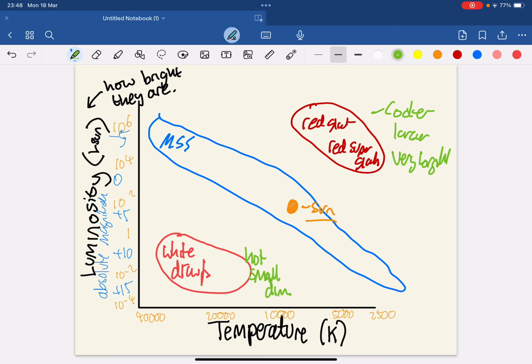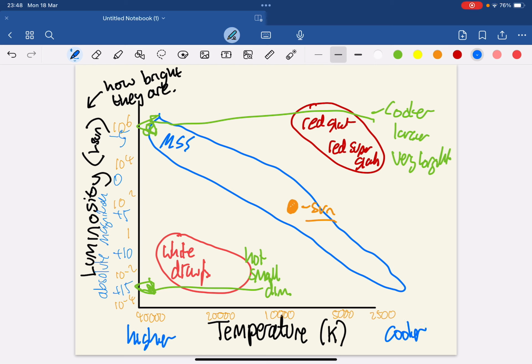We know they're very bright because their luminosity is over here compared to the white dwarfs that are down here. And the key bit here is that the temperature is unusual: the higher temperature is on the left hand side, and it's cooler over here.